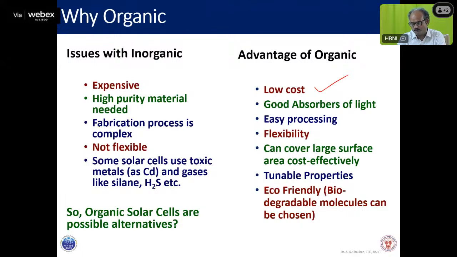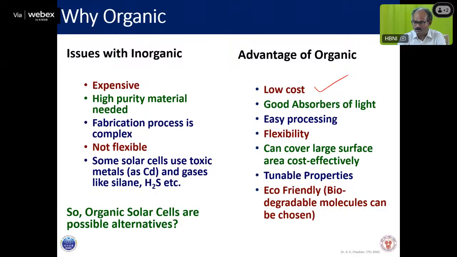So ultimately, these devices will be very, very cheap. That means unbelievably low cost. Then these are good absorbers of light. This is also relative. They are not as good absorbers as the inorganic ones, but in relative terms, they absorb a sufficient amount of light.